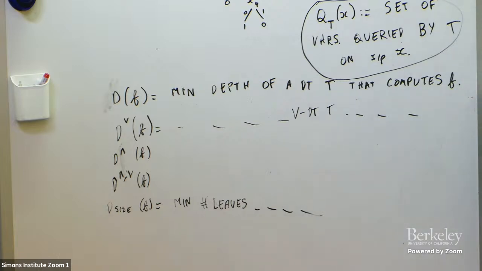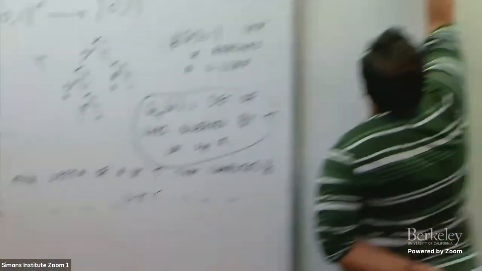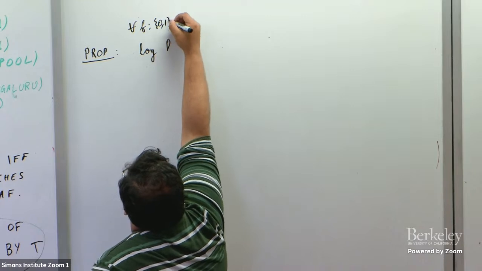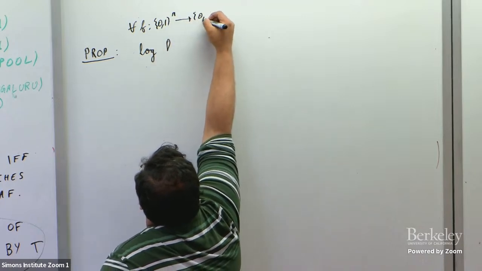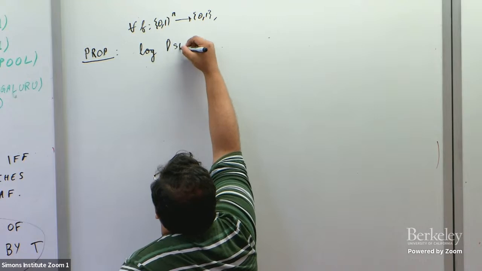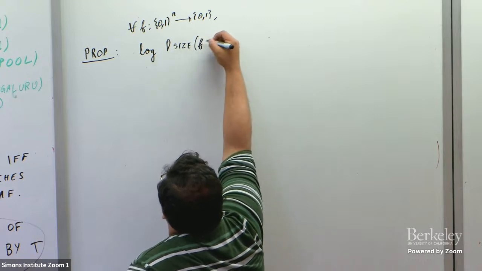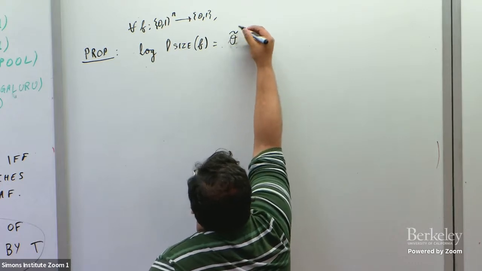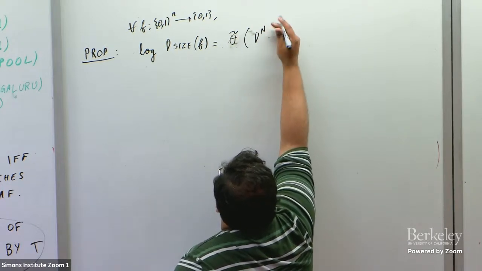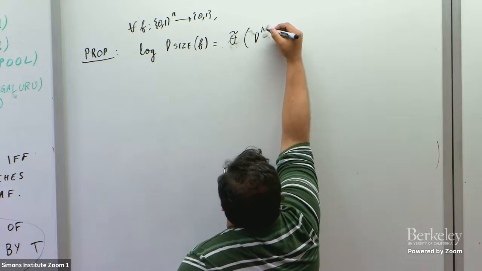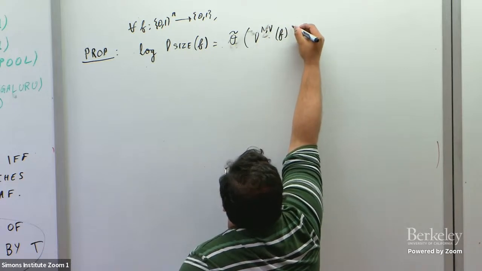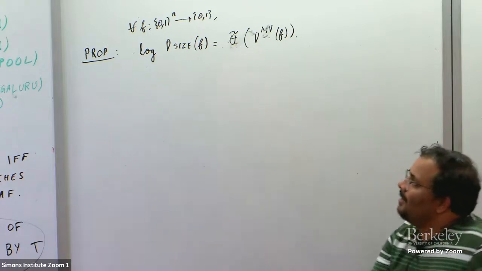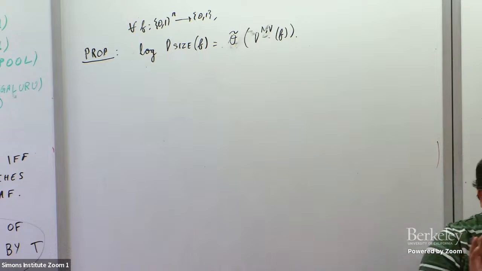All Boolean functions F. Okay. One more thing is, whenever I'm using the notation theta tilde, I'm abusing notation a little bit.